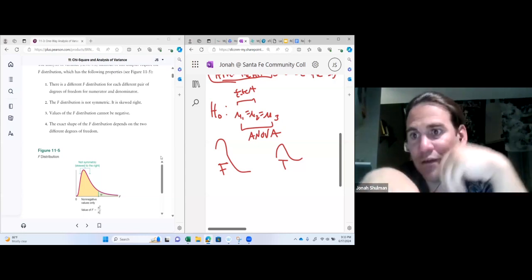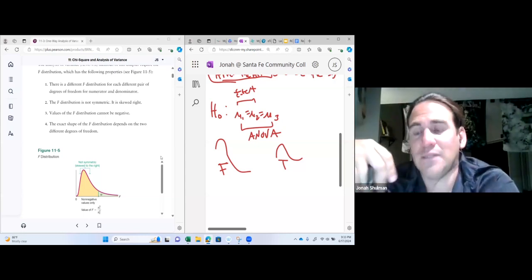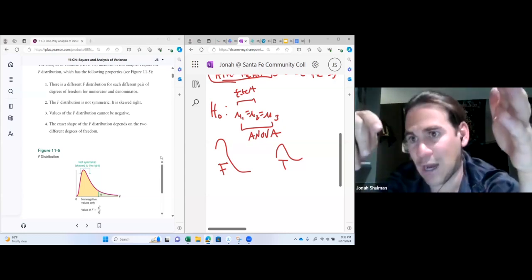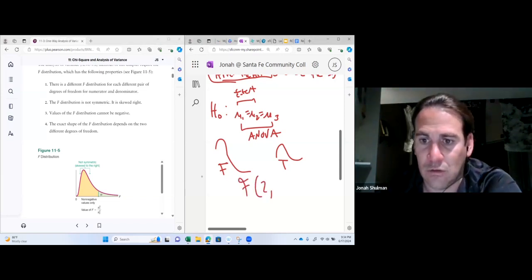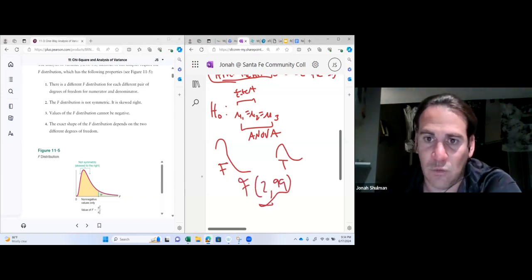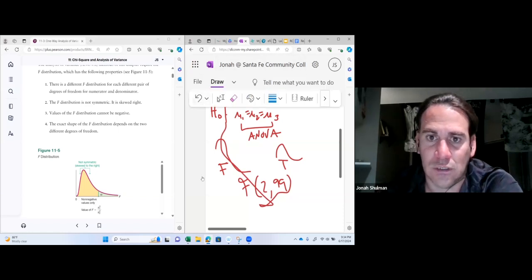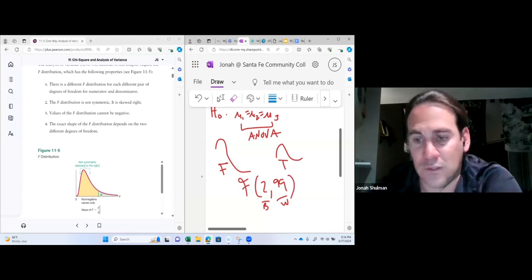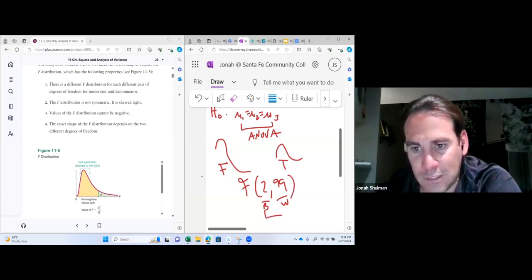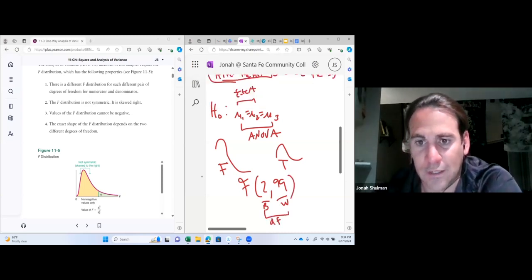If we have three groups, it's going to be 2, and let's say we had 100 people, it'd be 2 comma 99. So when you're writing it out, this is going to be your between, that's your within. Those are your degrees of freedom. I'll try not to go too fast or too far ahead of myself.